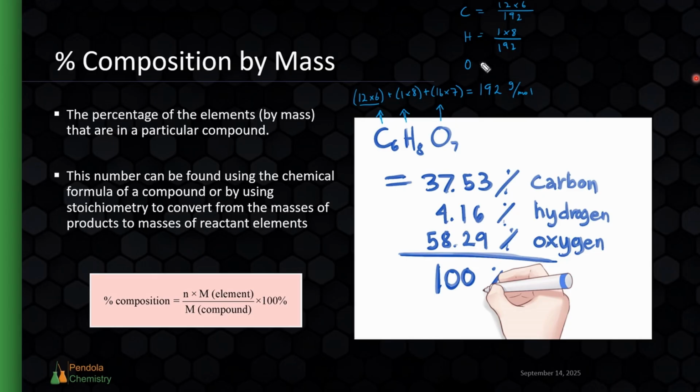And if I wanted to know oxygen, I would just do 16 times 7, divided by 192. So if I do this, I should get the composition of each element in a decimal. In order to transform this to a percentage, like you always do with percentages, we would multiply by 100.